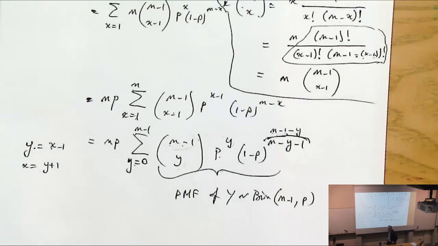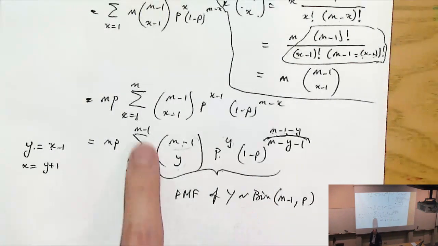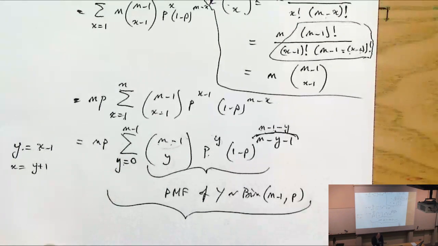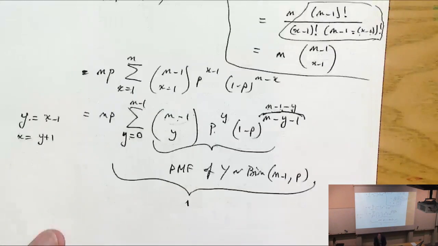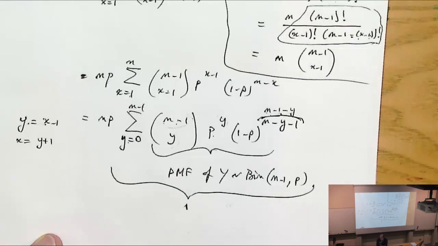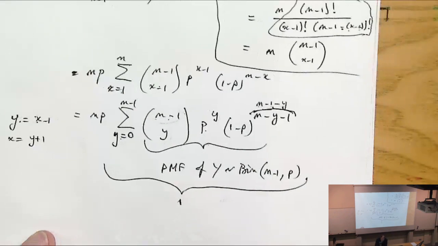So I'm summing a probability mass function of a binomial random variable over all its range. What's the value of this? 1. Because we just proved before that this is a valid probability mass function, so the sum of that probability mass function over the range of that random variable should be equal to 1.